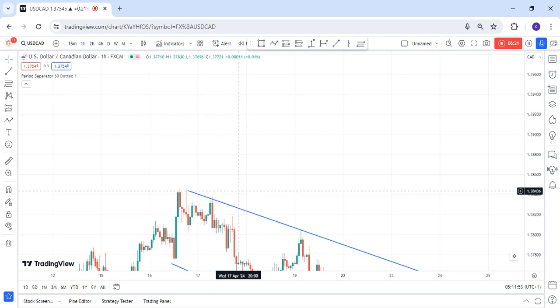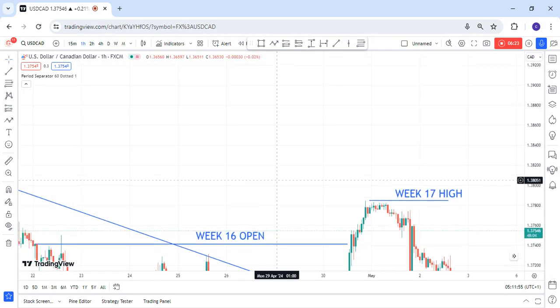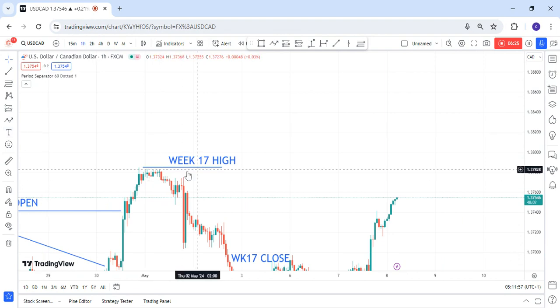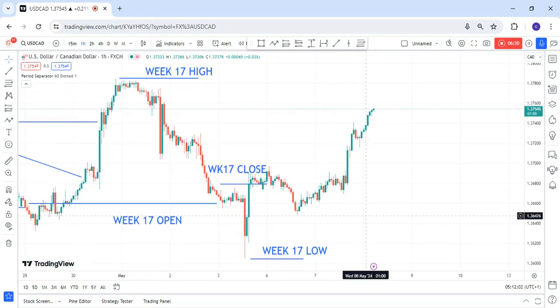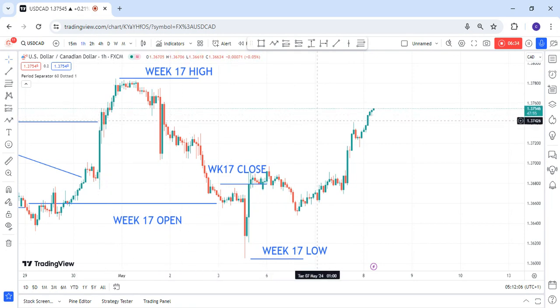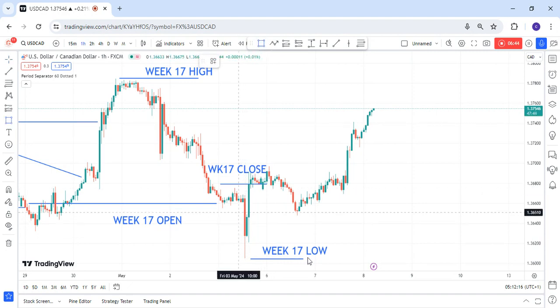So if price breaks this very high over here, it therefore means that I would have to be taking the trade from this very zone here.